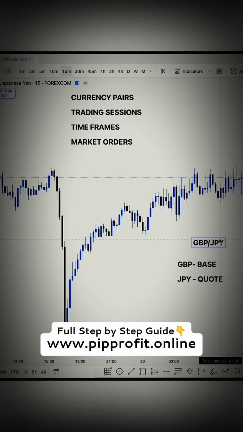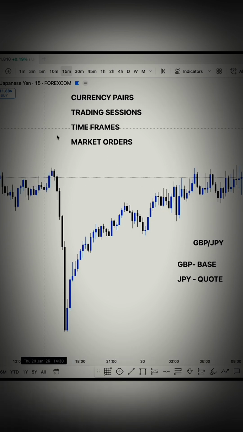So for this chart, we're looking at British pound and Japanese yen. If the market is pushing to the upside, if the bullish candlestick is appearing more and more, that simply means British pound is doing better than Japanese yen. But if the bearish candlestick, which is the black candlestick, is appearing more and more, that simply means Japanese yen is doing better than British pound.